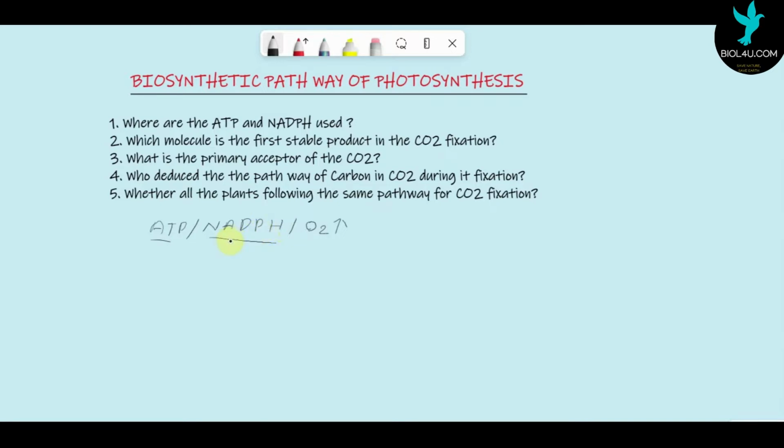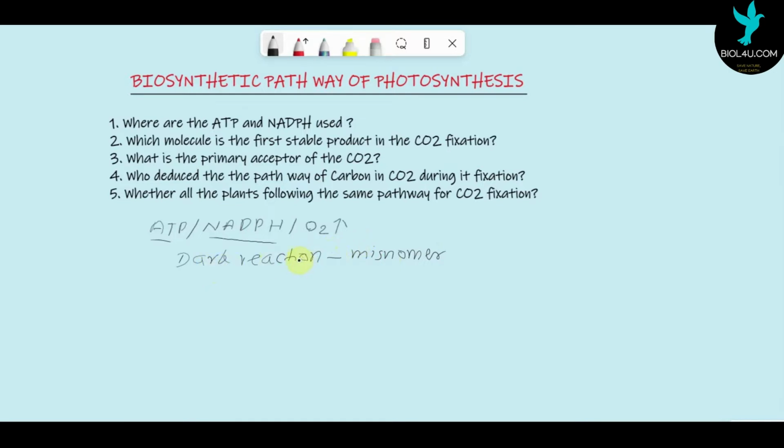This biosynthetic phase is also known as the dark reaction. But this term dark reaction is actually a misnomer. Why is it a misnomer? Misnomer means the word is one, but the meaning is different.